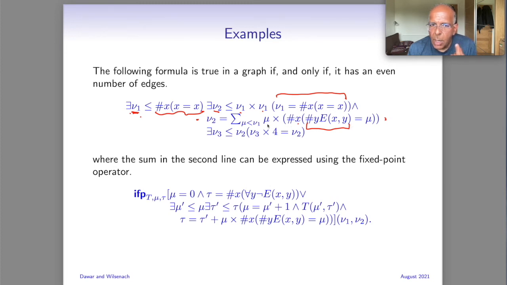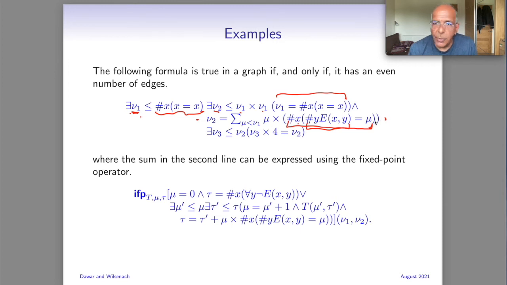Now, for any mu, this expression, the number of x such that the number of y with exy equals mu, is the number of vertices which have degree mu. So I take the number of vertices of degree mu, multiply that by mu, and sum over all possible values of mu. Then I get the sum of the degrees of all the vertices.